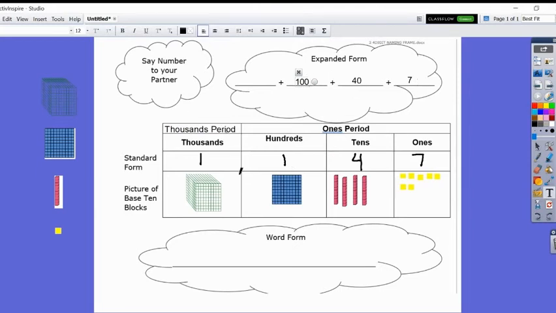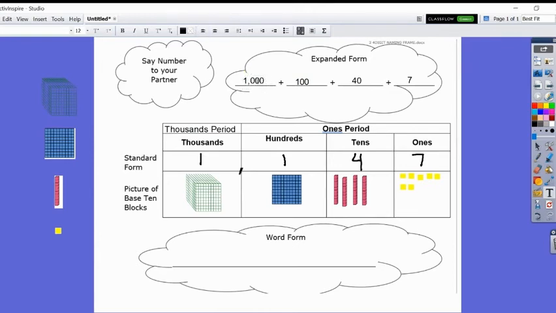Now we're moving on to the thousands period. In the thousands period, how many thousands do we have? 1,000. So we are going to write 1, comma, don't forget the comma. In fact, do the comma with a different color so that you remember. So 1, comma, 0, 0, 0. That is 1,000.